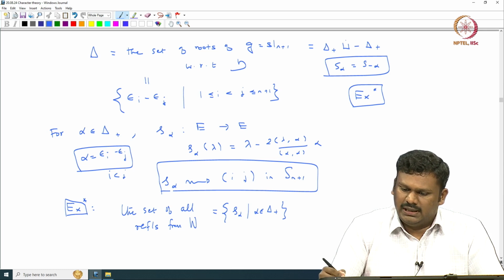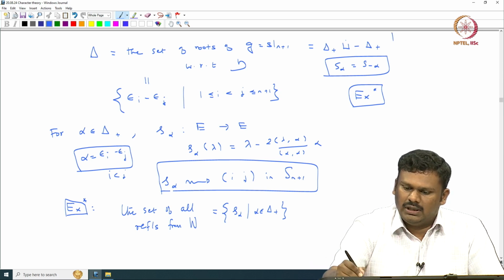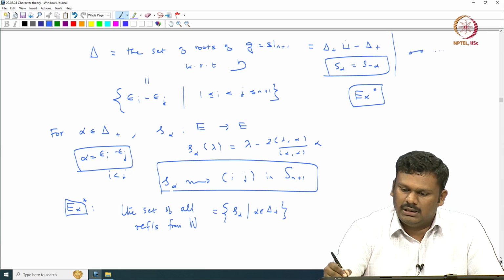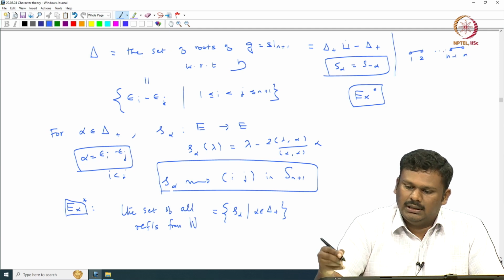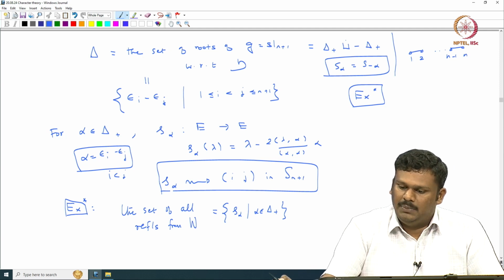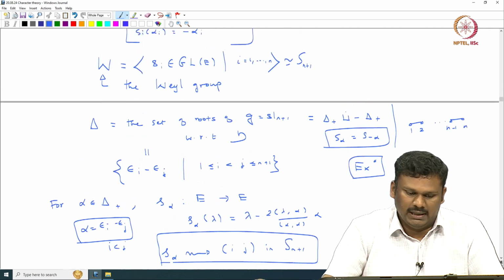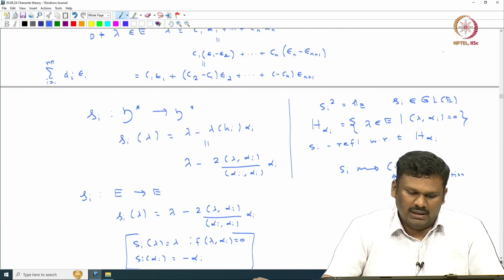One can say that the order of the relations among these S_i can be easily read off from the Dynkin diagram. Recall the Dynkin diagram is nothing but the path P_n on vertices 1 to n. Between 1 and 2 there is an edge, between 2 and 3 there is an edge, and this is drawn using the data, the inner product (alpha_i, alpha_j).